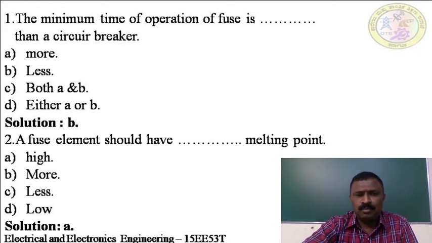The options are A more, B less, C both A and B, D either A or B. The minimum time of operation is always less than the circuit breaker, because the total operating time is equal to T1 plus T2, where T1 is the pre-arcing time and T2 is the arcing time. Both are very less, and hence the total operating time for a fuse is less. So the solution for question 1 is B.